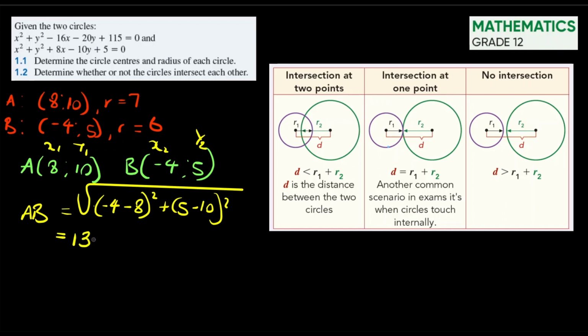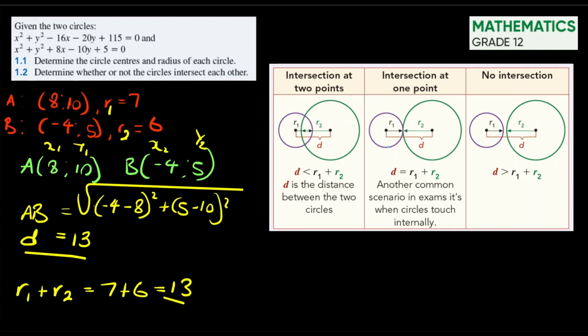So we have the important thing, the distance, which we can call D, and the radii R1 and R2. Now we evaluate the sum R1 plus R2: 7 plus 6, which gives 13. Can you see that the distance between the two circle centers and the sum of the two radii are equal?